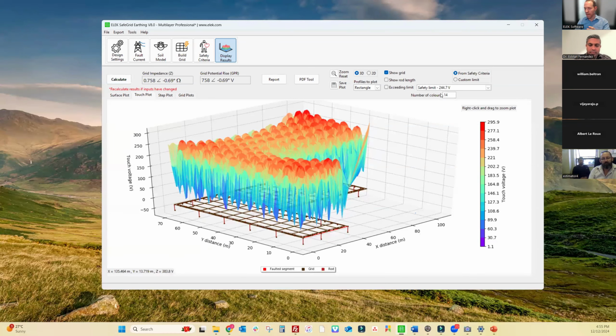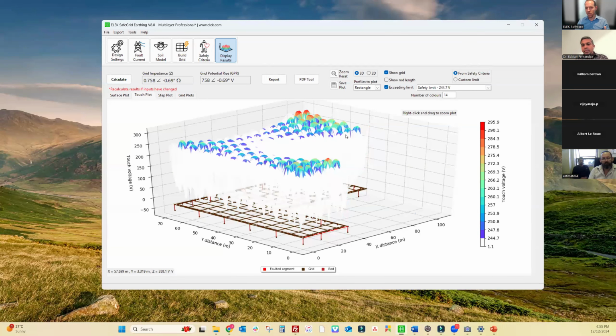I've imported that into display results, and I can check the areas of my grid that are exceeding the safe touch voltage limit. Now I need to mitigate those. I need to modify my earthing design such that no touch voltages exceed that safe limit.